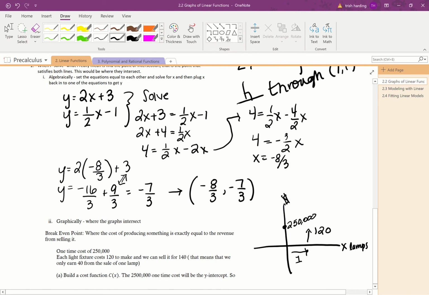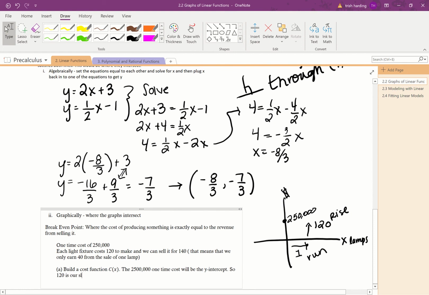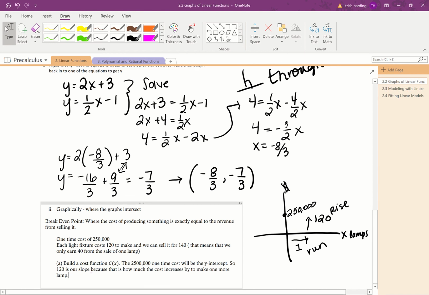So my rise over my run is m, my slope, which here is 120. That is how much the cost increases by to make one more lamp.